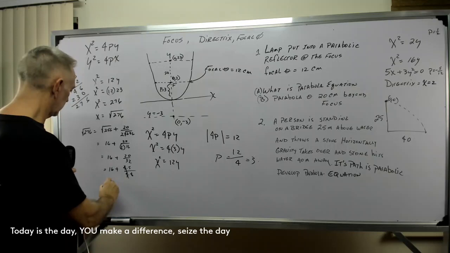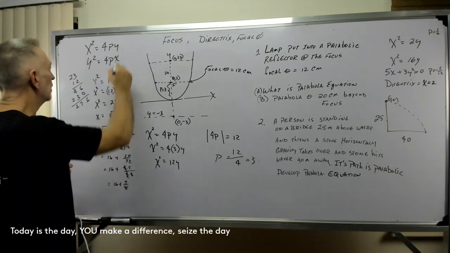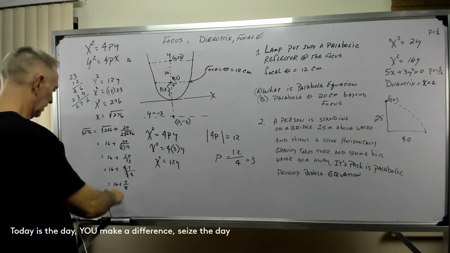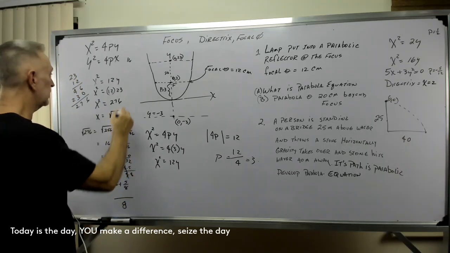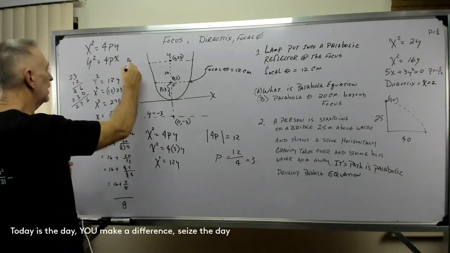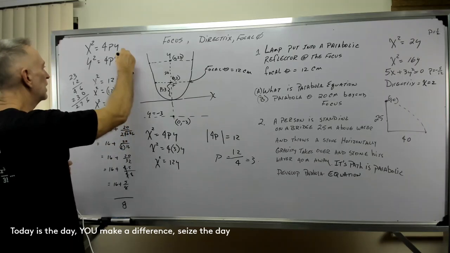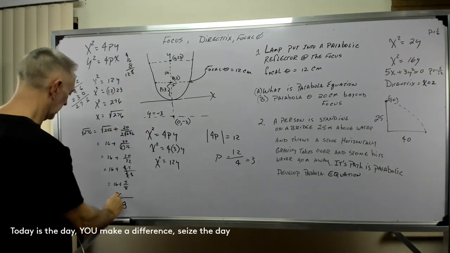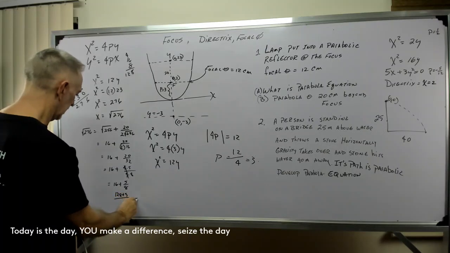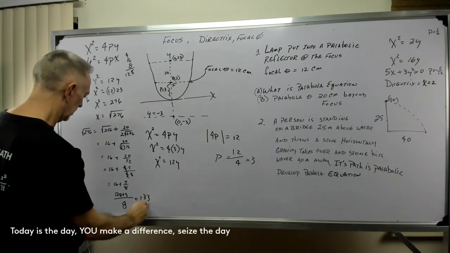The 4's cancel, so I've got 16 plus 5 over 8. Well, I'm going to get a common denominator of 8. So 16 times 8 is 128. So 128 plus 5 equals 133 over 8.